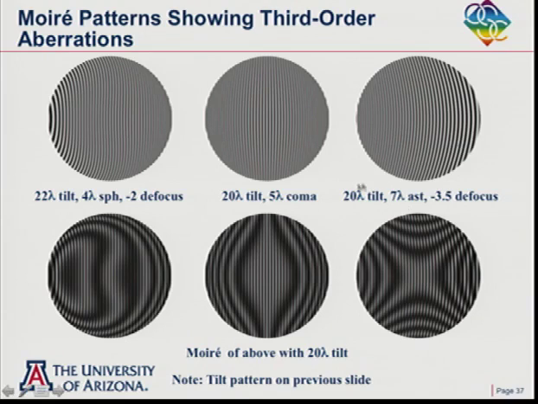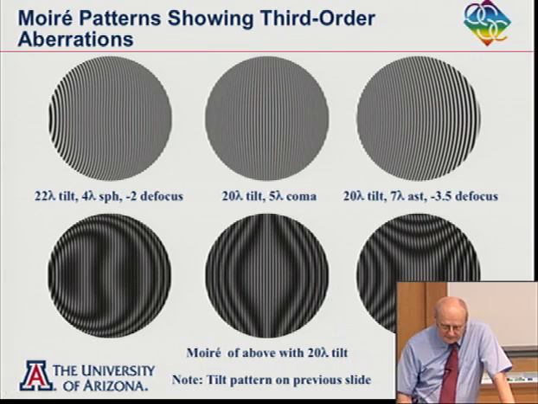I will moiré that with 20 of tilt, and my tilt will go away, and I'm left with 3 waves of astigmatism, minus 3.5 waves of defocus. And so it's going to be a saddle shape here. That's kind of neat.